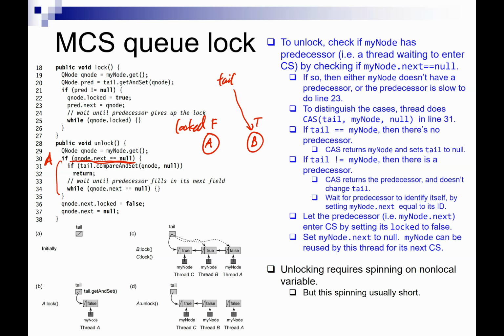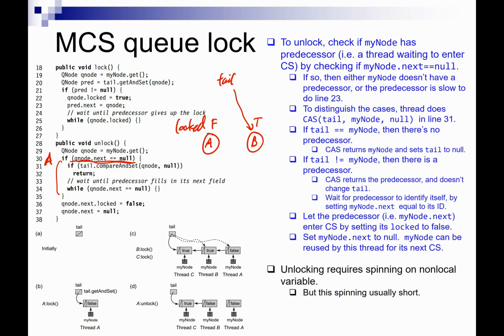That can mean two different things. One possibility is that there's just nobody else around. Imagine that you don't actually have this B. Imagine it's just A, and he doesn't have a next. There's only one guy in the queue, A himself, so there's nobody next.